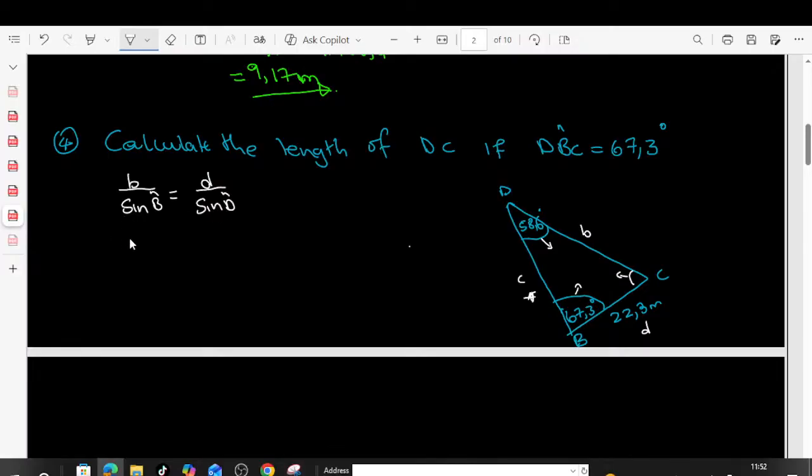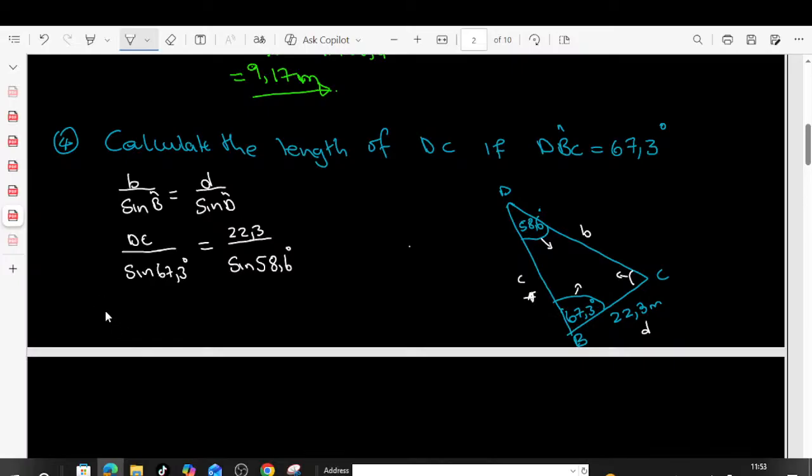Small d is DC, which is what we are trying to calculate, and this is the sine of angle B. What is angle B? This is just 67.3 degrees, and we equate this to d, which was given as 22.3, everything divided by the sine of 58.6 degrees.